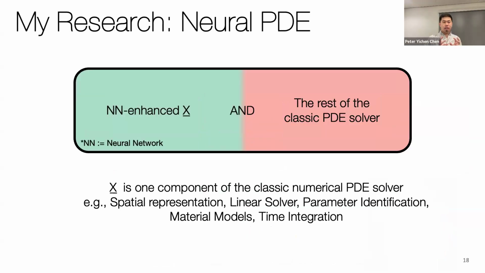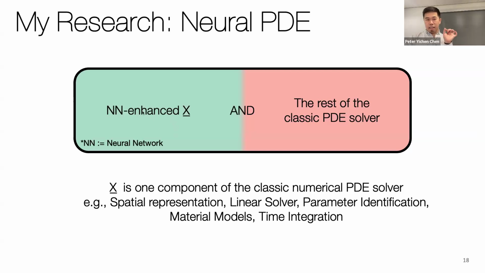So in particular, I found this formula to be quite successful in my research, which is using neural networks to represent X. So this X can be something about the classical numerical PDE solver components. Let's say spatial representation, linear solver, parameters, material models, or time integration.